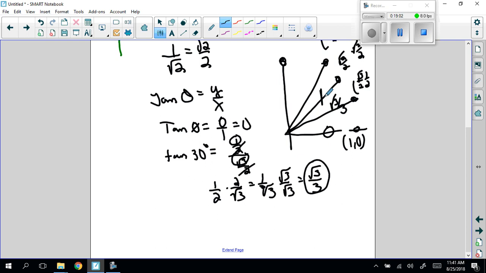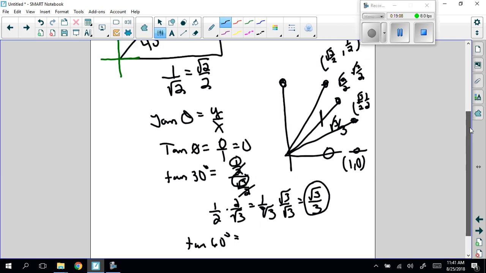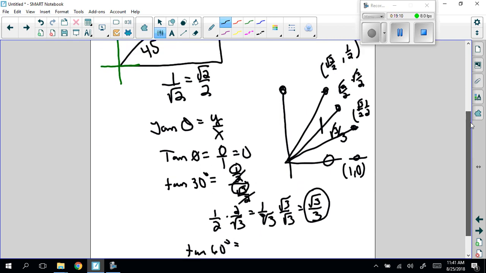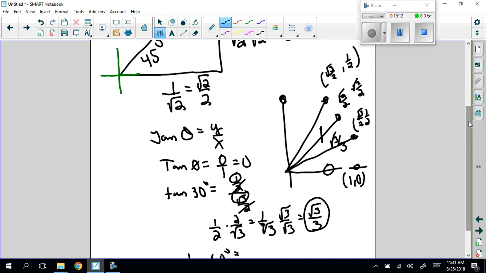Now, tangent of 60 is, it's y over x. Oop, I wrote down the point wrong because I was getting the same thing. Clearly, x is 1/2, y is the square root of 3 over 2.